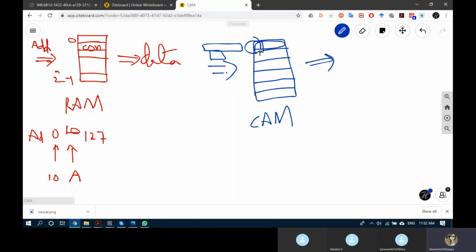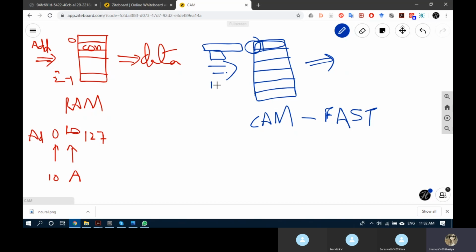The significant feature of CAM is that it is extremely fast, and it performs search in parallel. So for search-critical applications, you have to use CAM.